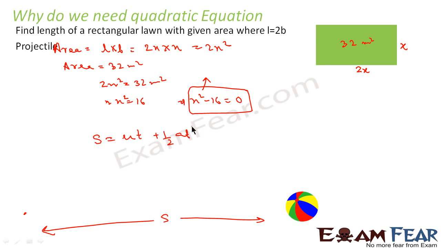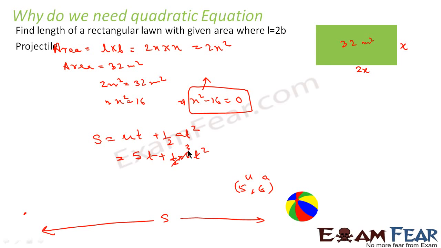If you don't understand the formula, leave it, because you will learn this in the higher classes. Just understand this is a formula with which you can find a distance where u is the initial velocity, a constant, and a is acceleration, also constant. Let's suppose u was 5 and a was 6. So this is nothing but 5t plus half into 6t square.